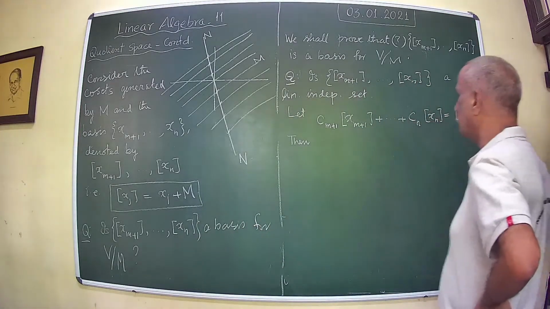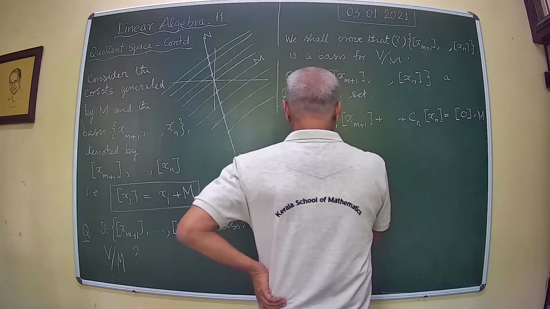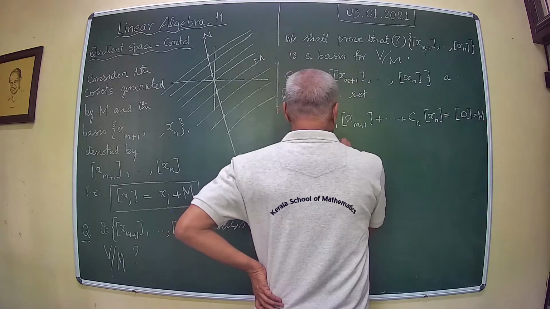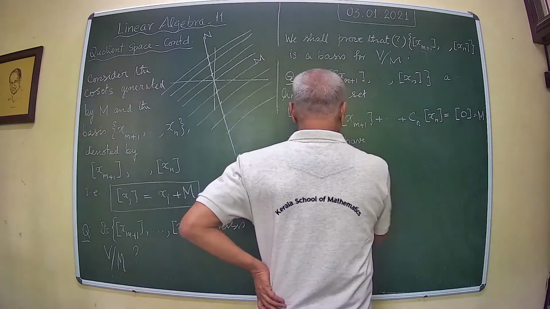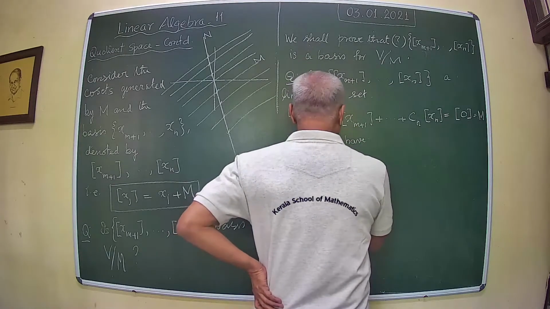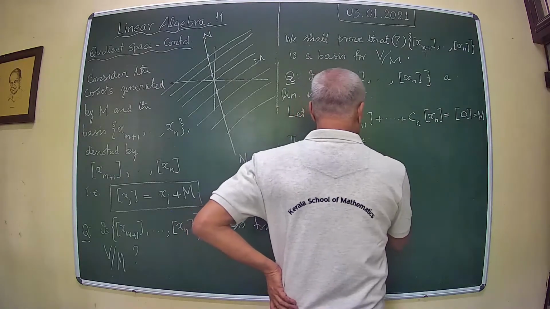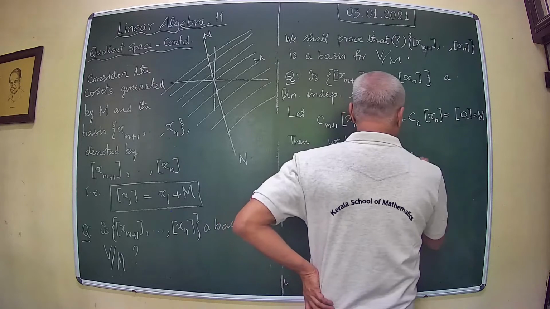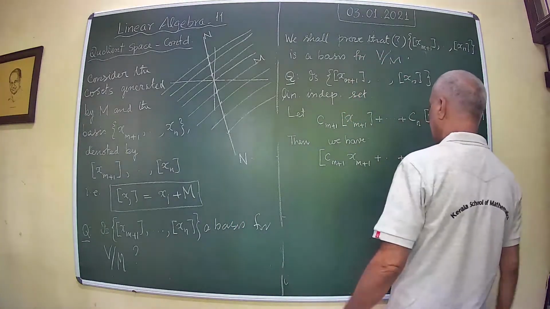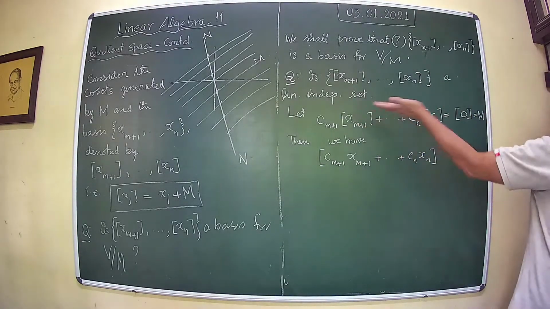So what is the meaning of this? The meaning of this is this. We have the coset generated by c_{m+1} x_{m+1} and so on, which is the left hand side of the above relation.